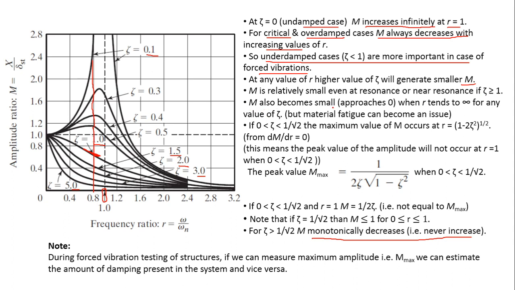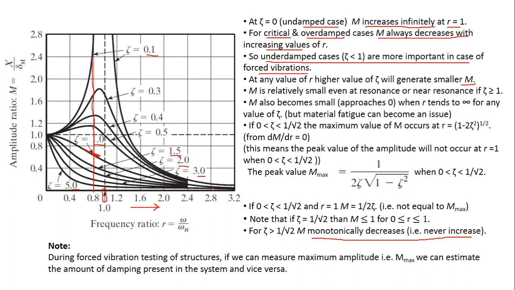M also becomes small, approaching 0, when r tends to infinity for any value of zeta. We can see this here: when r increases to very high values, each and every curve, irrespective of the value of zeta, is trying to reach 0.